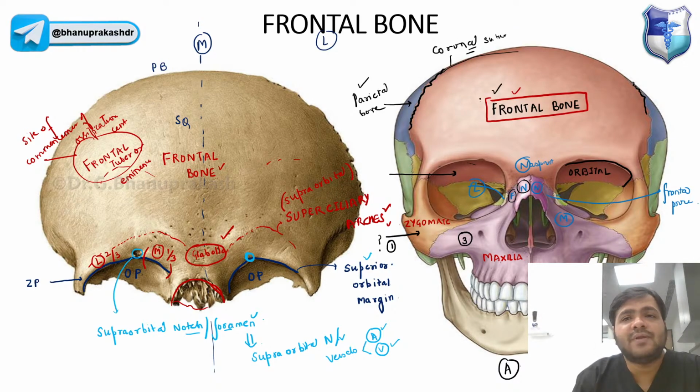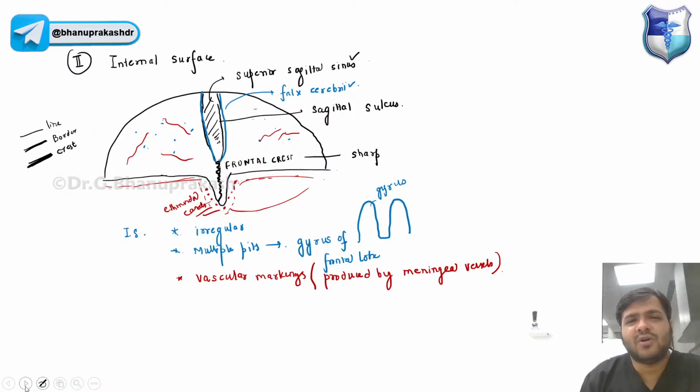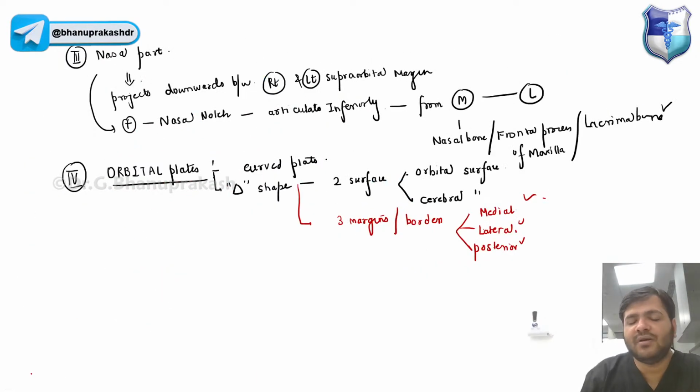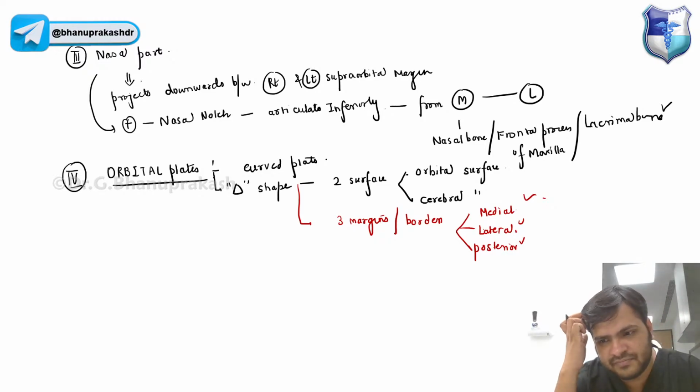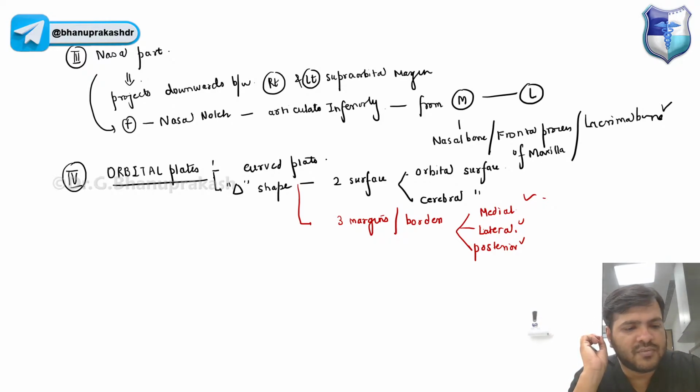It will be the cribriform plate of the ethmoid bone. I will be discussing the ethmoid bone also, so as of now just remember it is the cribriform plate of the ethmoid bone. So that is something you have to remember.